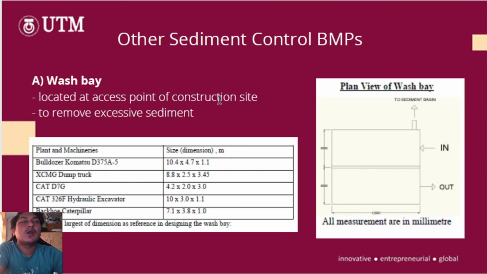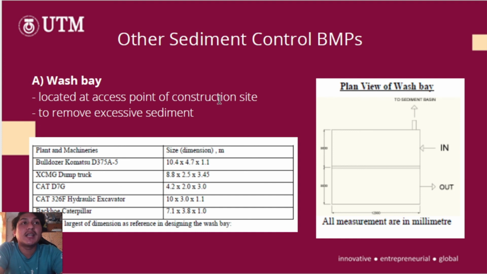Lastly, we also include other designs to control the sediment. First is the wash bay. The wash bay is located at the access point of the construction site. The function of the wash bay is to remove excessive sediment attached to the machinery. How do we design the wash bay dimension?